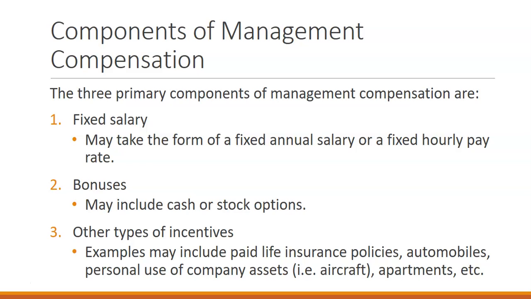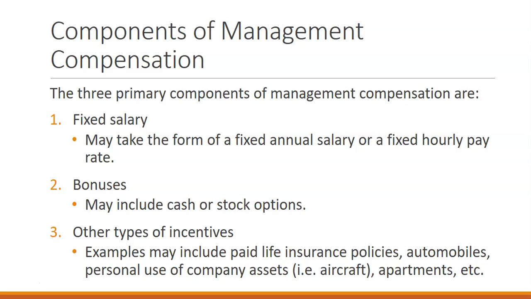The last thing that we talk about in this chapter is how we design management compensation. So we pay our managers a fixed salary, and then we might have bonuses for them. There could be other types of incentives, especially as we get into the higher ranks of really large companies.